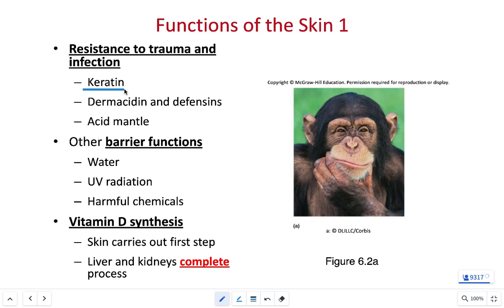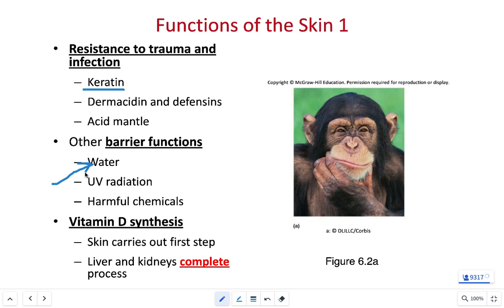Part of the acid mantle is the high saline content. Your sweat is salty, and when your sweat gets on the surface of your skin, the water evaporates into the air, and that salt is left over. So you have highly salty, highly acidic skin that makes it difficult for most microorganisms to live on your skin. The keratin component of our skin serves a very important purpose.